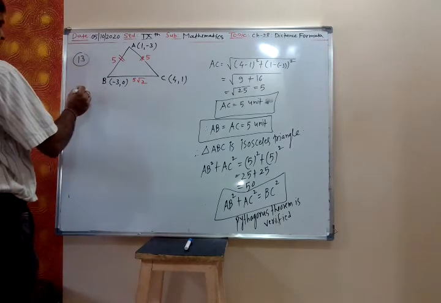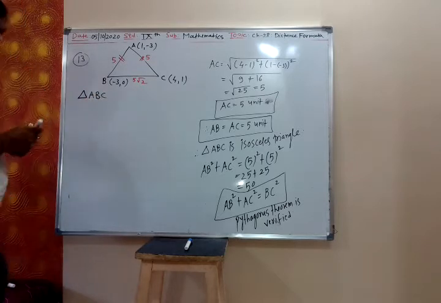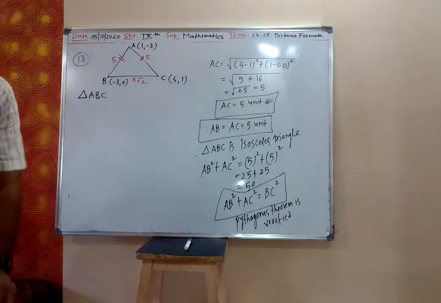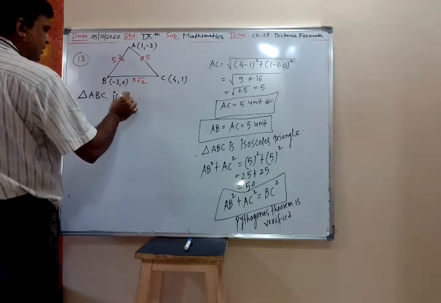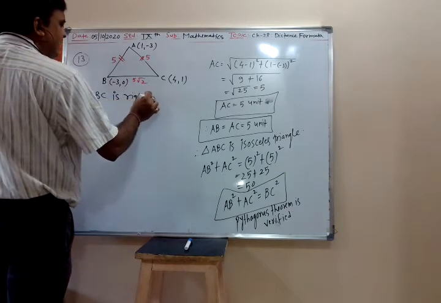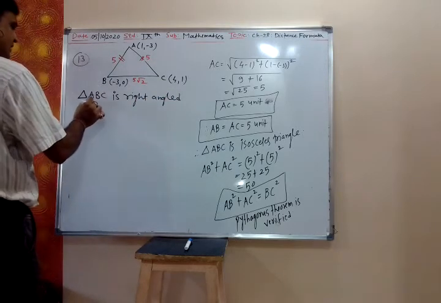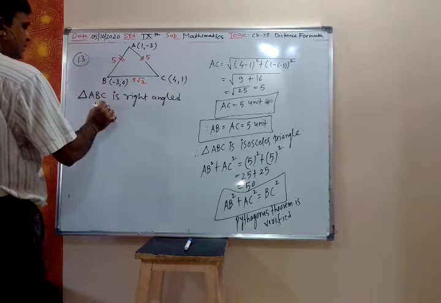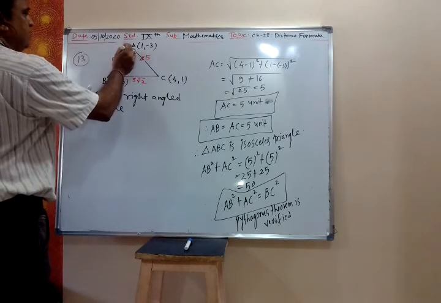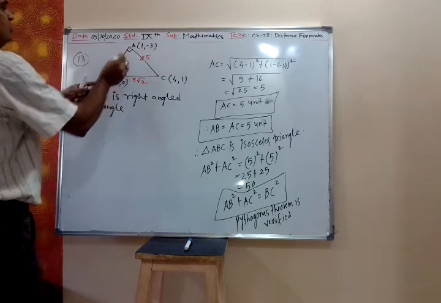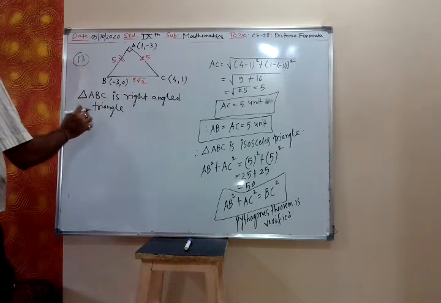Otherwise it would not be a right angle triangle. So triangle ABC is a right angle triangle because of BC square, so BC is the hypotenuse. So the opposite angle is 90 degrees. So angle A is 90 degrees.